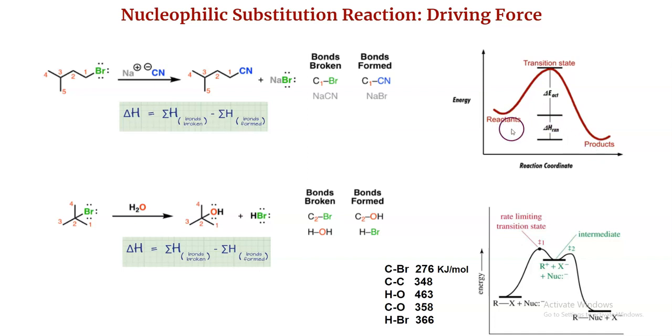And most of these nucleophilic substitution reactions are actually going downhill. And in terms of spontaneity, this is a good thing, right? Any reaction that goes downhill in energy, which means the product of the reaction has a lower energy than the reactant, those reactions are most of the time spontaneous.